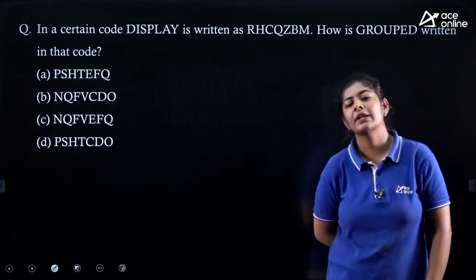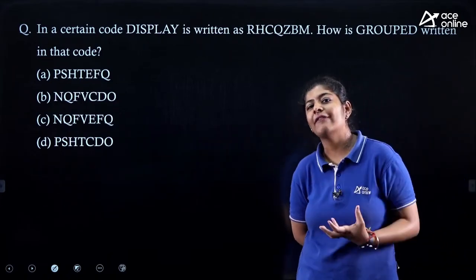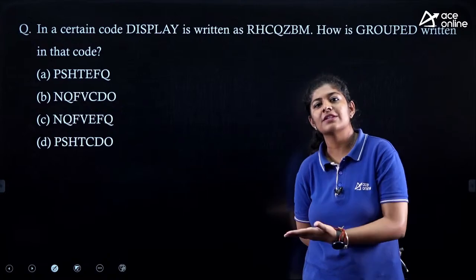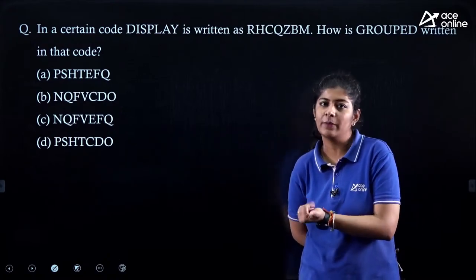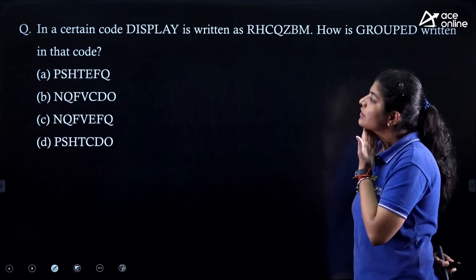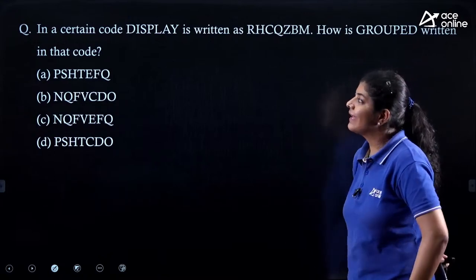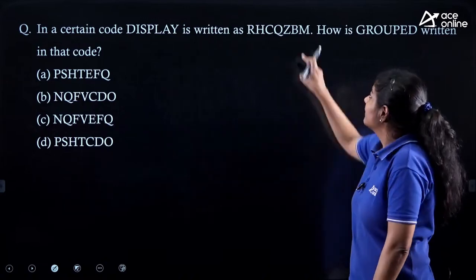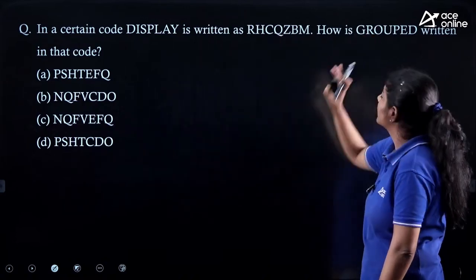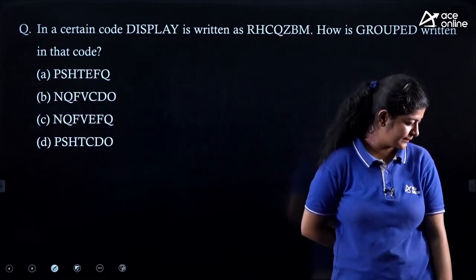The correct option over there is option number D, as we are not having the specific code. In such a scenario, we have to go with option number D, cannot be determined, right? Now, just try to figure out the answer for this one, as the code is saying that here we are having the word display and we use this code for it. So, what is the code used for the word grouped?